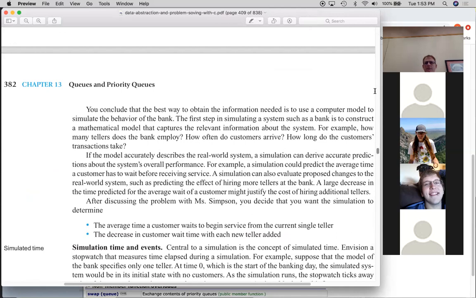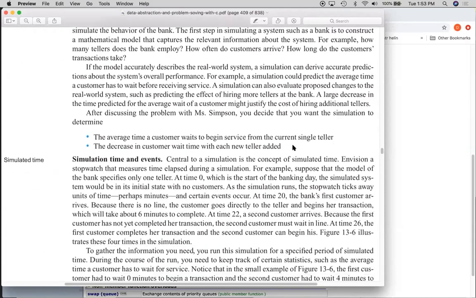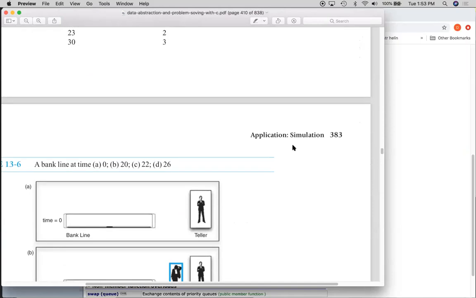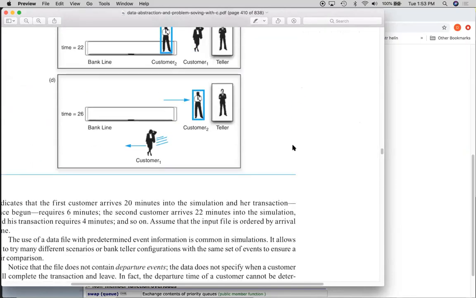Sorry, I keep having to adjust my window here. Okay, all of this stuff leading up to it.